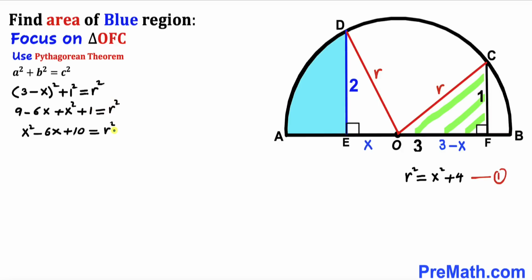In this next step, I have combined these like terms and put them in descending order. So we can write this as r square equal to x square minus 6x plus 10. Let me call this our equation number 2.